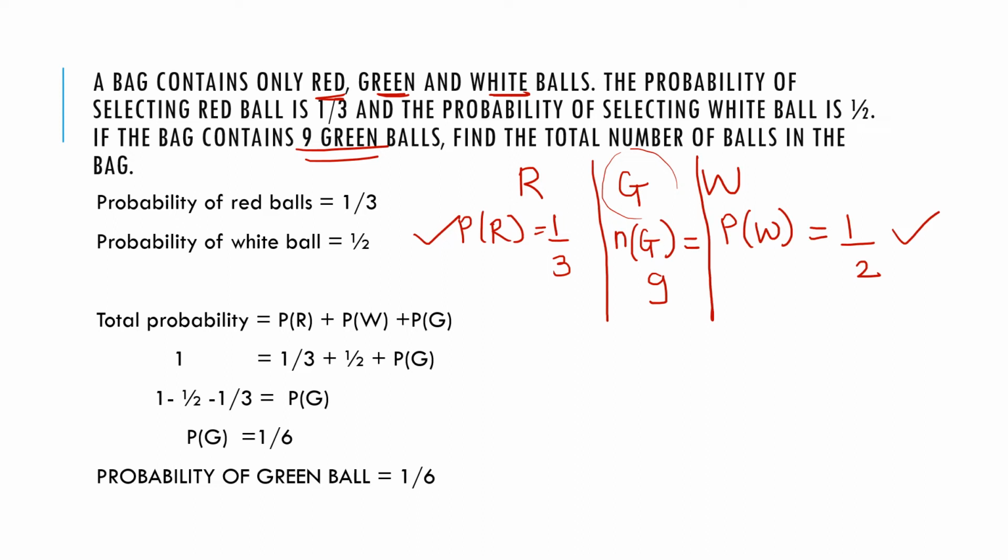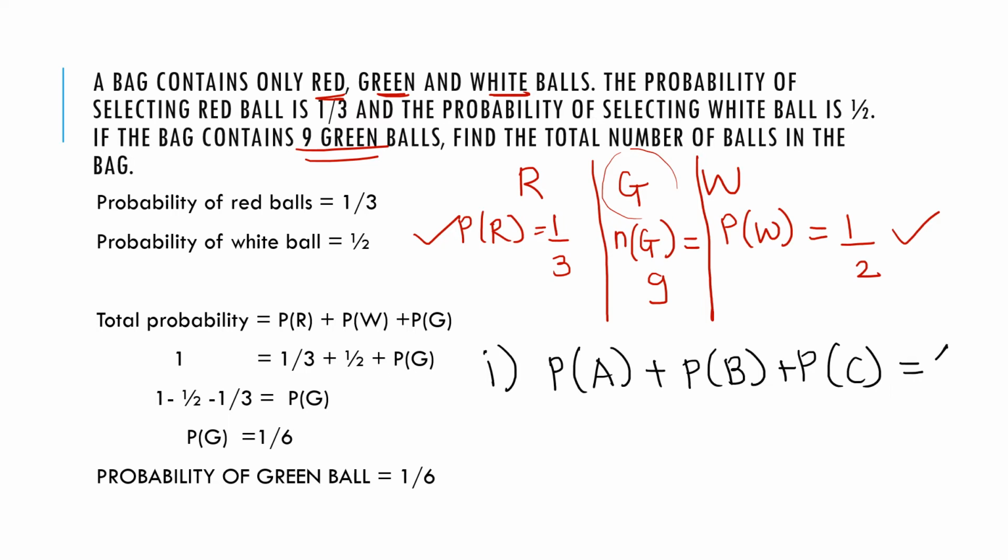Previously, you must have seen the axioms of probabilities. In the axioms of probabilities, we have one axiom which says that if we add the probabilities of all events together, if I have a total of 3 events, the probabilities of all the events added together will always be equal to 1.